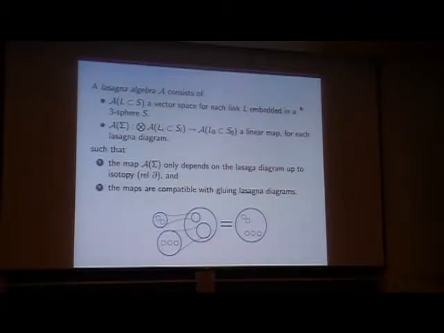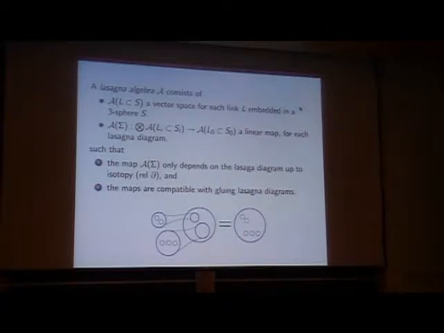So the linear maps that we associate with these should be compatible with gluing lasagna diagrams, in the sense that you should be able to apply your lasagna map to some of the tensor factors corresponding to the inner ball, and then apply the outer lasagna diagram to the remaining tensor factors. Okay. That's a lasagna algebra.